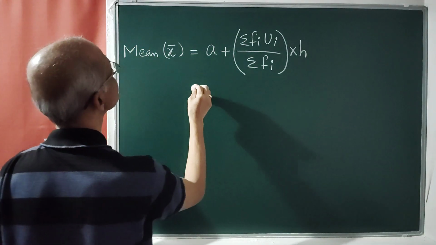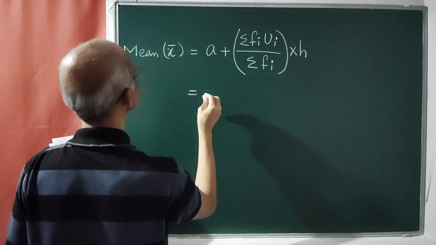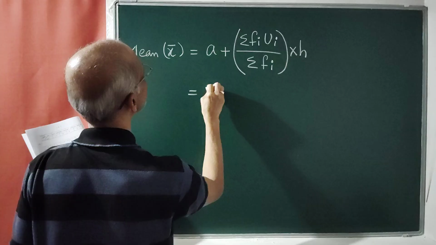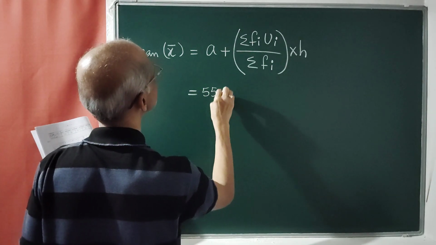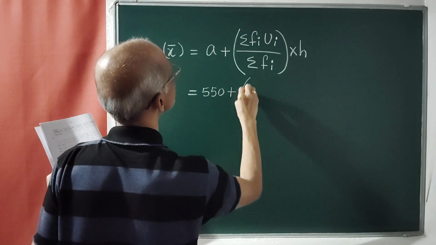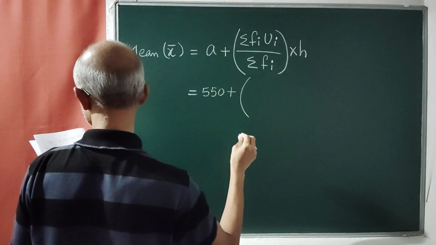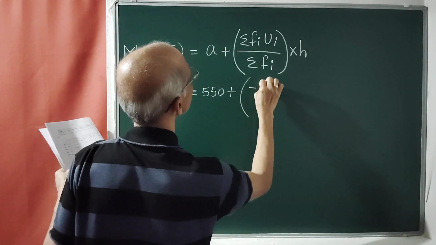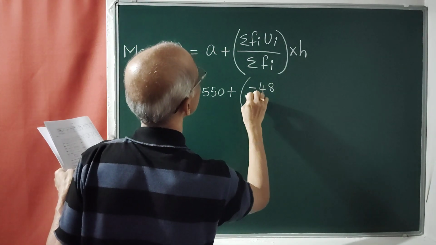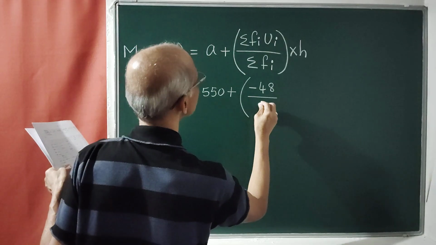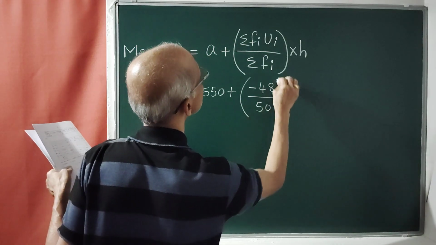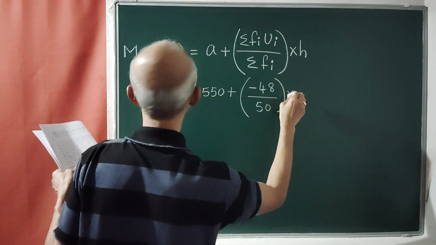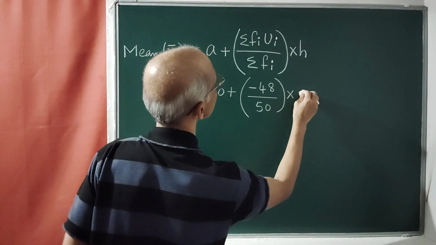So the value, the A was 550 plus sigma FyUy was minus 48 by 50 into 20.